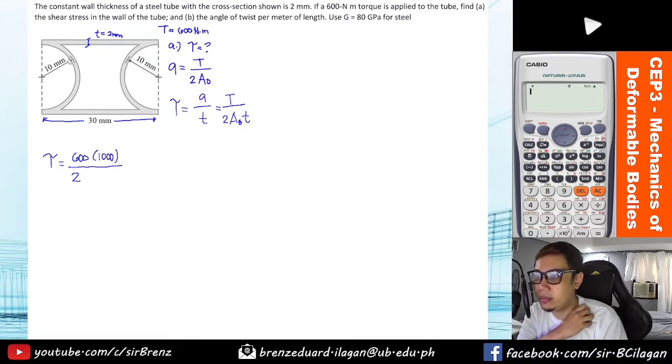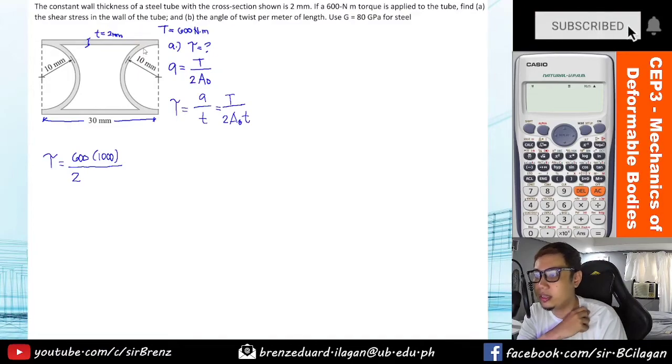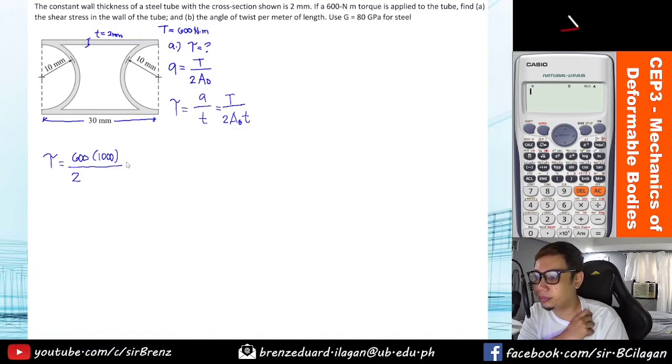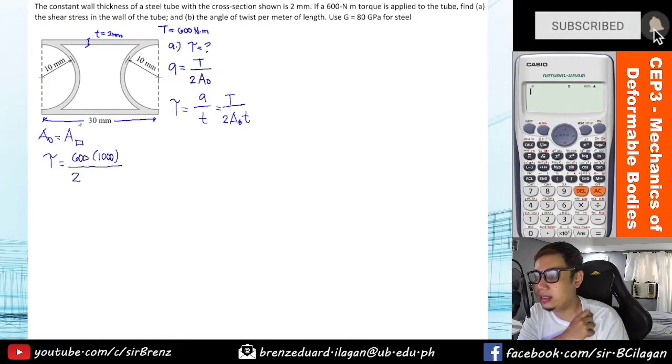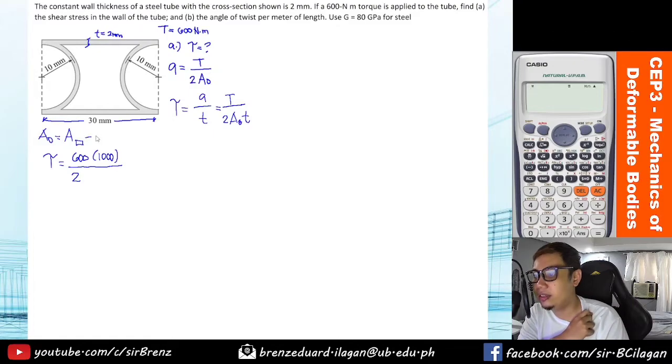So guys, ito lang yung tube natin. Ayan. So, composite section siya. So, it's a rectangle na binawasan ng semicircle sa magkabilang gilid. So, to solve for A sub O, A sub O is simply equals lang sa area ng rectangle, itong malaking rectangle na to, and then minus yung area, or gagawin ko na lang na 2 times area ng semicircle.